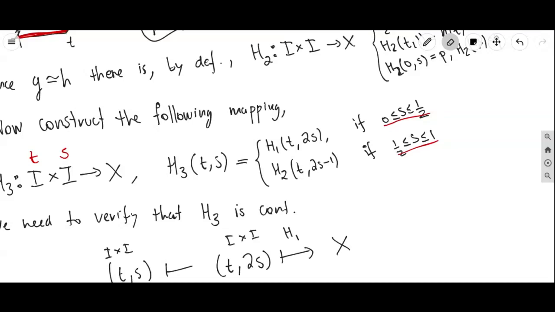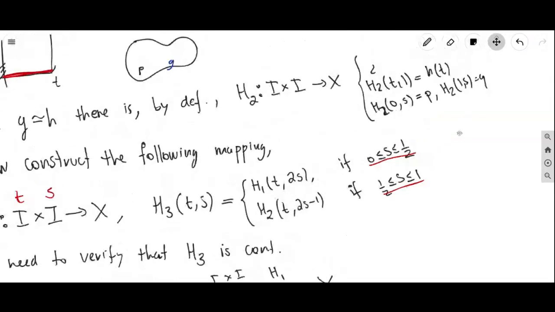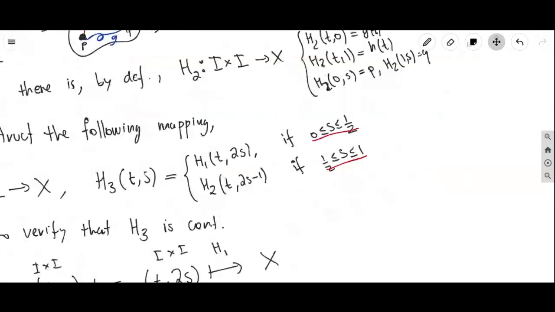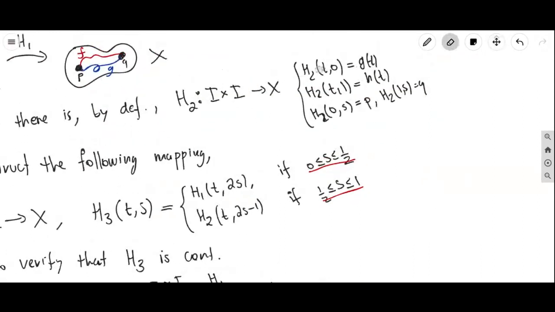You can look at that. So it's important that you have closed sets. So these are closed sets. The overlap occurs at 1/2. Now you can see that when s is equal to 1/2, this is H1 of T comma 1, and H1 of T comma 1 is G of T. Now, when s is equal to 1/2, this is H2 of T comma 0, and H2 of T comma 0 is G of T. So on the overlap, where s is equal to 1/2, this one and this one agree, and they give you the same function.